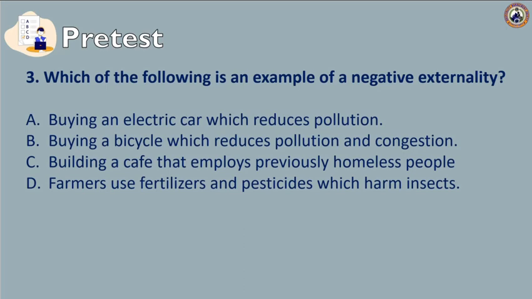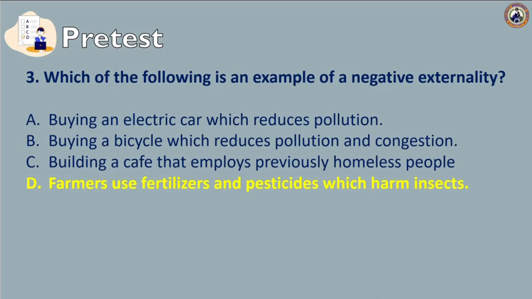Or D. Farmers use fertilizers and pesticide which harms insects. So which among these four choices is an example of a negative externality? Three of the choices were a positive externality except one. So the answer for question number 3 is letter D. Farmers use fertilizers and pesticide which harm insects.